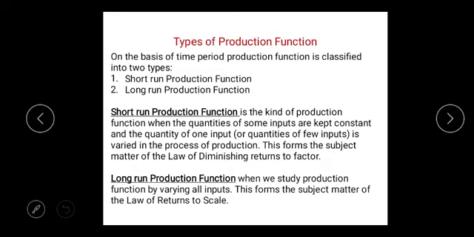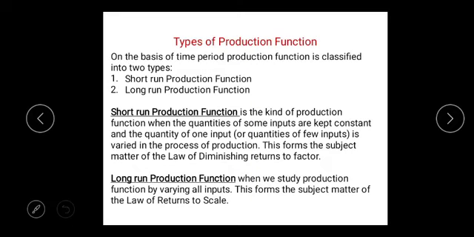So short run production function is the kind of production function when the quantities of some inputs such as land and capital are kept constant and the quantity of one input or few inputs such as labor is varied in the process of production. Or we can say that it is that type of production function where addition to output can be obtained only by increasing the amount of variable factor.